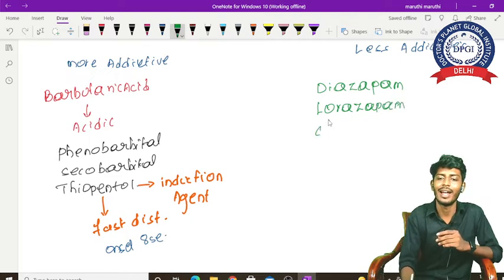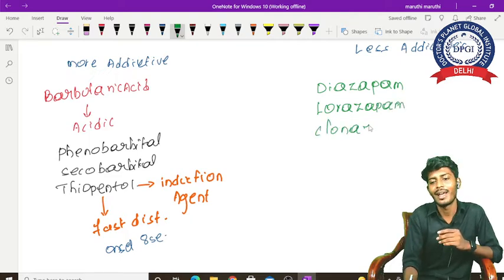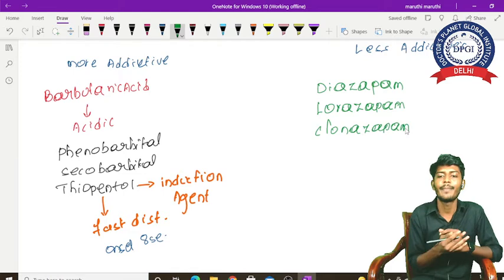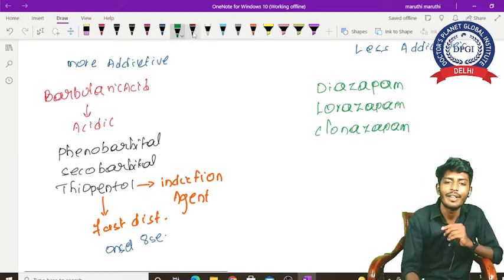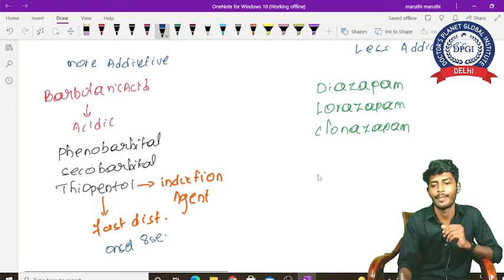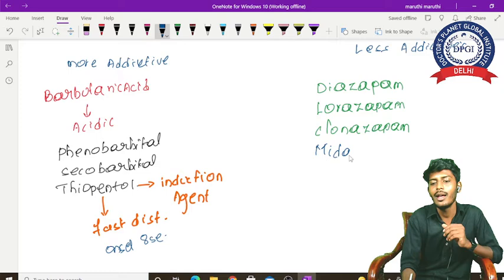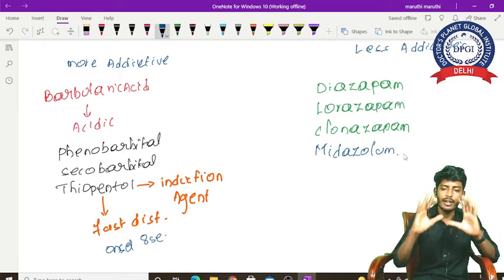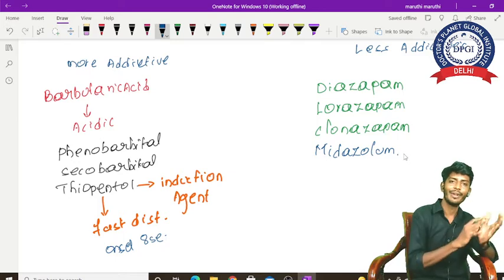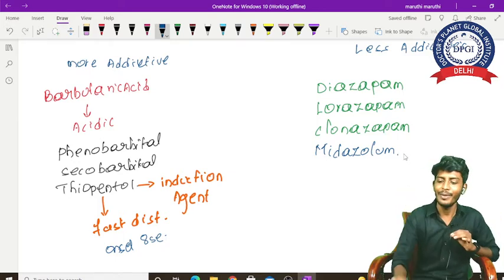Yes, clonazepam. But one important drug doesn't end with pam, but still it is a benzodiazepine. That is called midazolam. This is one of the most important aspects to be remembered. So these are the drugs when we are talking about barbiturates and benzodiazepines.